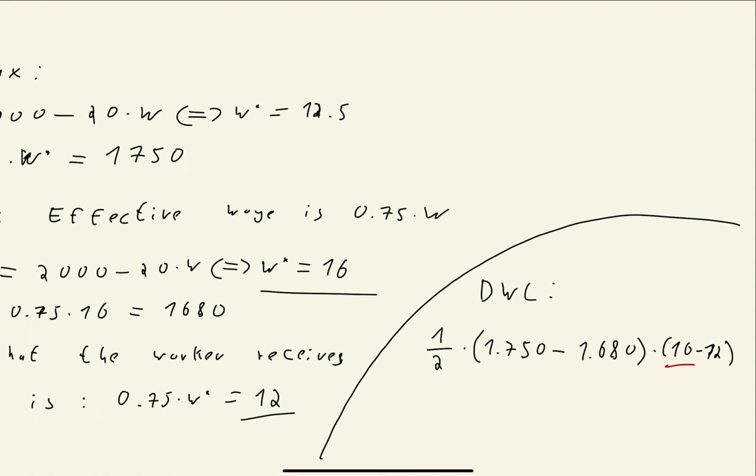Therefore, $4 will be the tax which is imposed in absolute terms. And if we calculate this, we end up with a deadweight loss equal to $140. So if a proportional tax of 25% is imposed on workers' earnings, the deadweight loss in this economy will be $140.